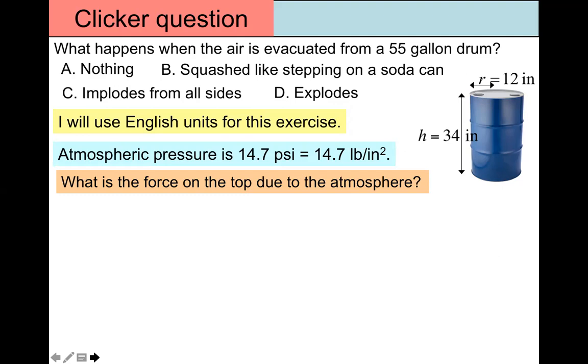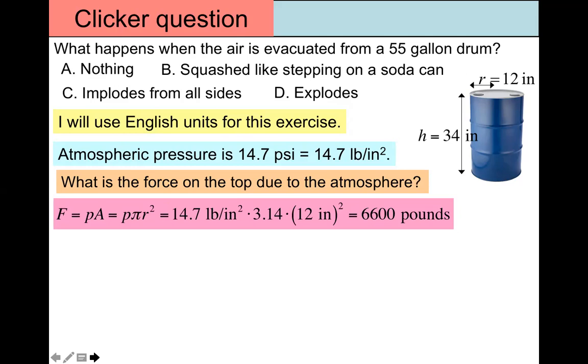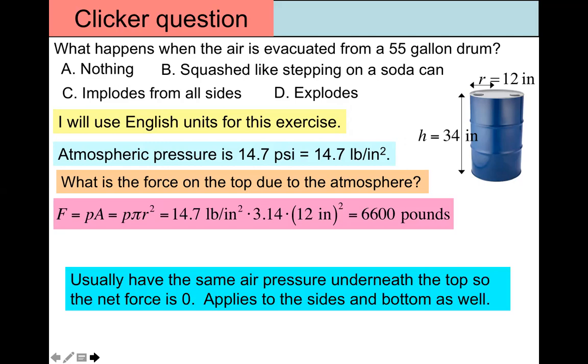If the top surface feels the force from the atmosphere pushing down, the bottom surface will feel the pressure pushing up because this pressure is from all around, okay? The force is the pressure times the surface area, and we calculate that to be 6,600 pounds. That's a lot of force.